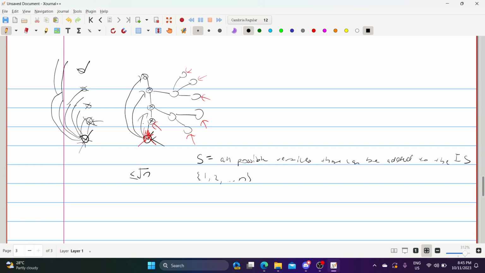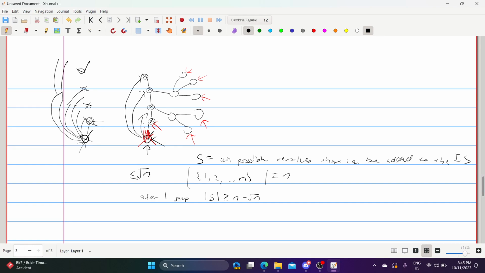At the start, S is just the entire set of 1, 2, all the way to n, which is of size n. Then each time you take a vertex, it blocks at most square root n vertices. So after one step, the size of the set is at least n minus square root n.